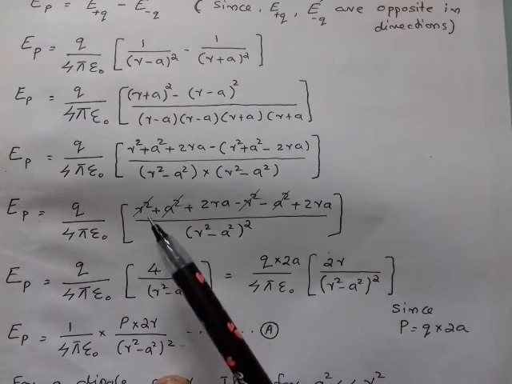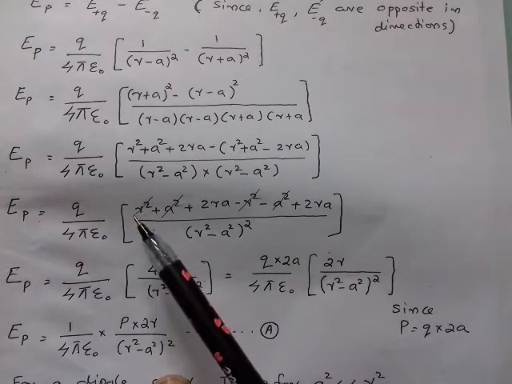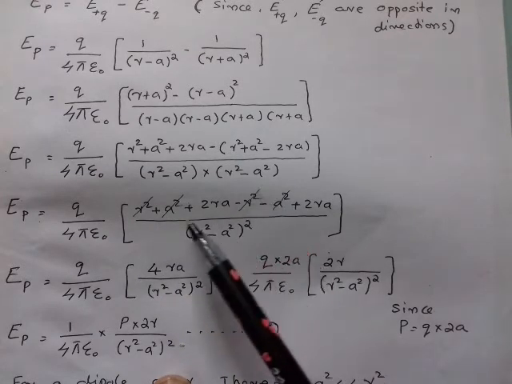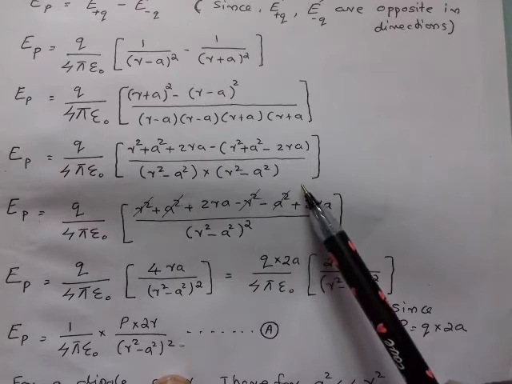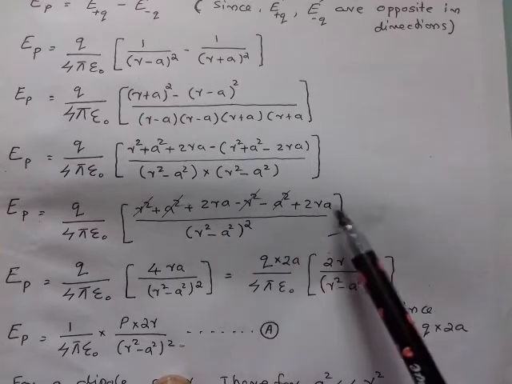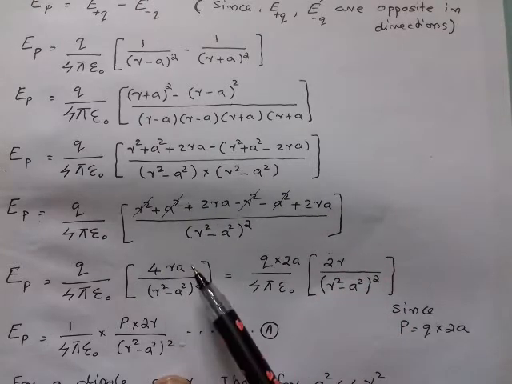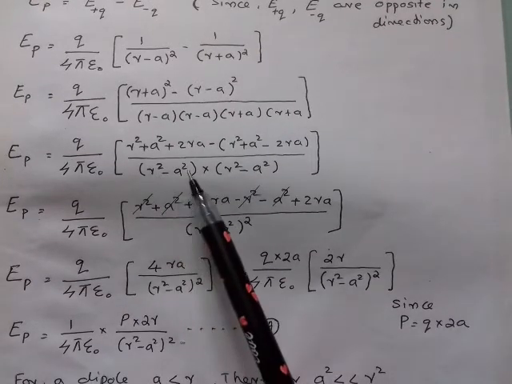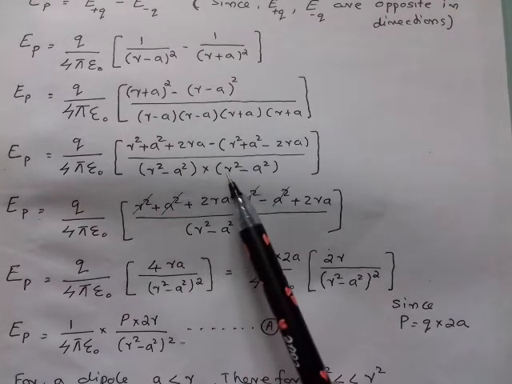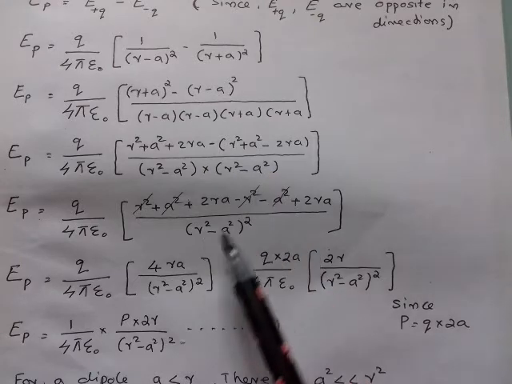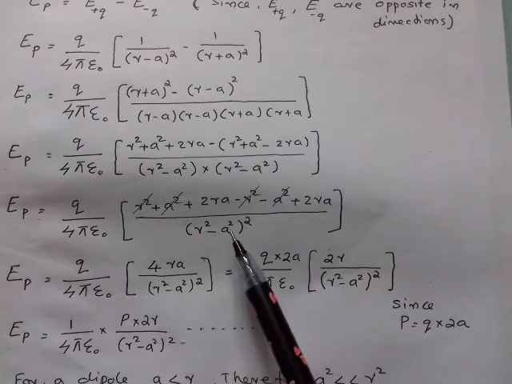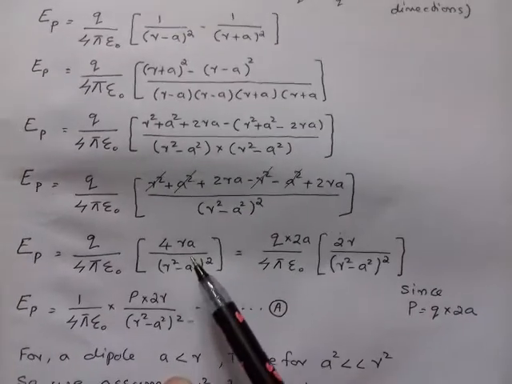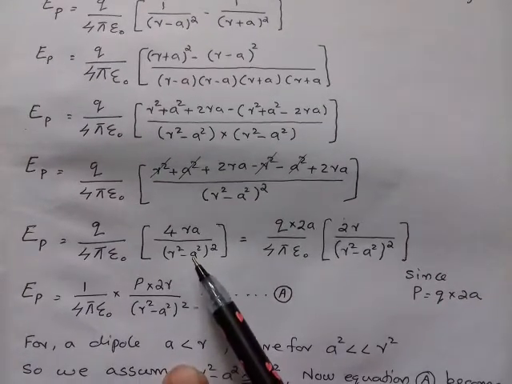After expanding, we can cancel out r square with minus r square, a square with minus a square, and plus 2ra becomes 4ra. In the denominator, we have r square minus a square into the same r square minus a square, so we write r square minus a square, the whole square. That's what comes in the denominator.